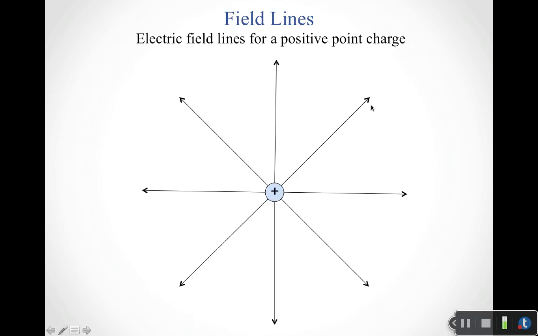So this tells me that I have a radial field that gets weaker as it goes away, and in this case happens to point, sure enough, away from my positive point charge. If this were a negative point charge, then I could represent it with the same set of field lines, just they would all point in rather than away, because I know that again my electric field points towards a negative charge and away from the positive charge.